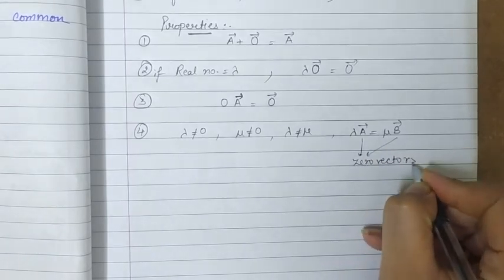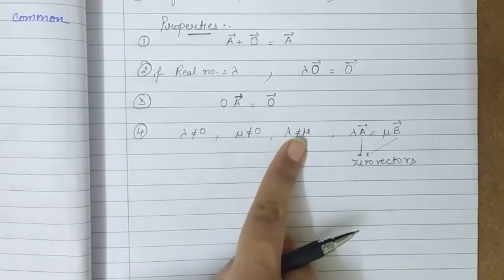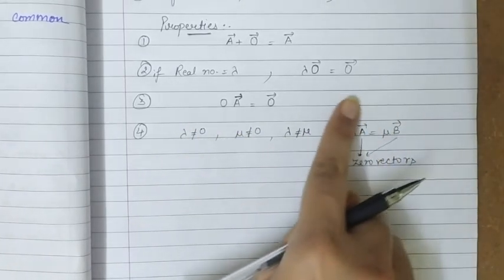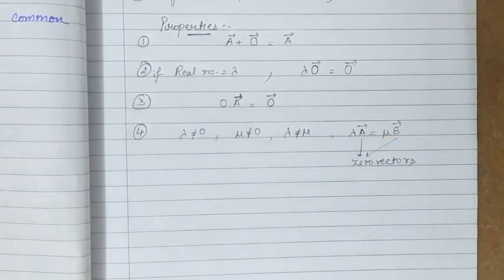So if we have two non-zero real numbers that are different from each other and there is a relation like this, it will only be valid if a vector and b vector are zero vectors, only then this equation can hold. So these are the four properties of zero vectors.